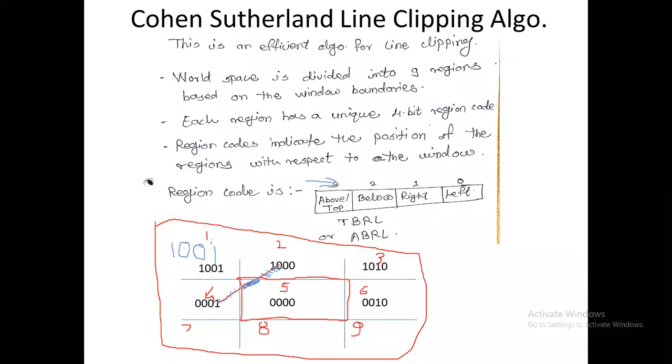The sixth region comes as 0010, 7th comes as 0101, 0100, and 0110. So these are the region codes for 9 regions. Okay. So these we are going to consider while studying this Cohen-Sutherland line clipping algorithm.